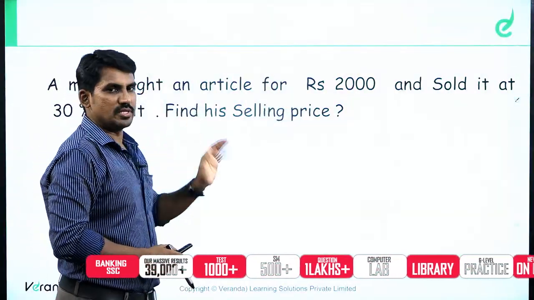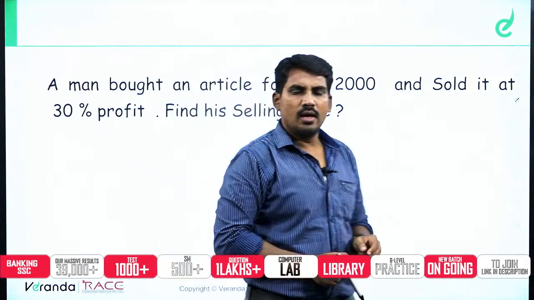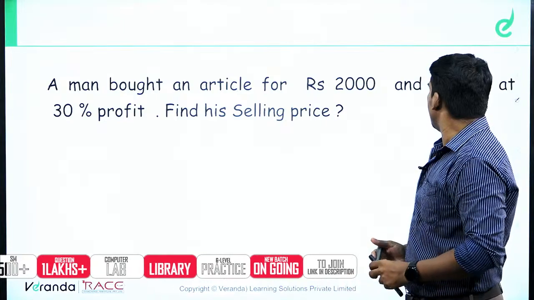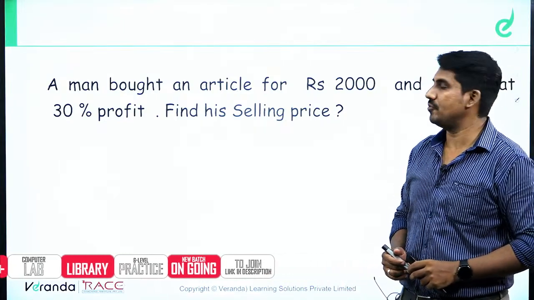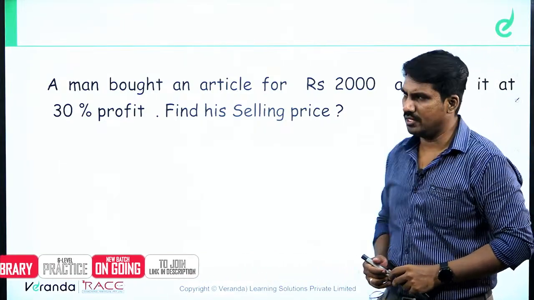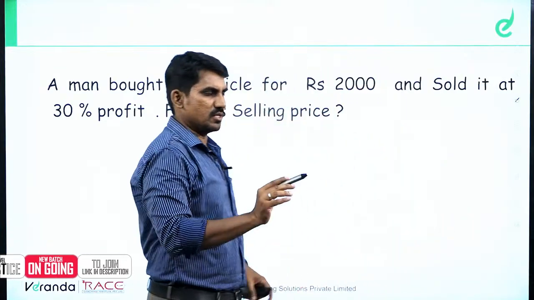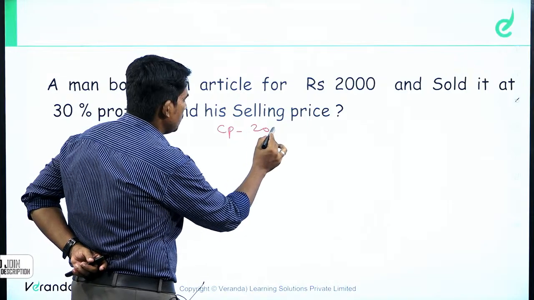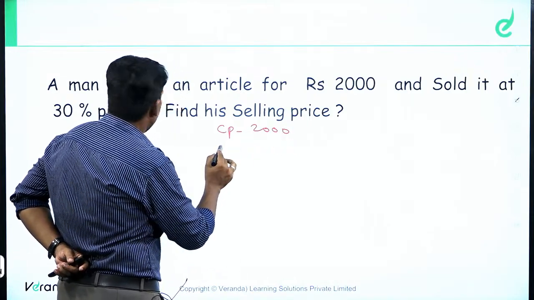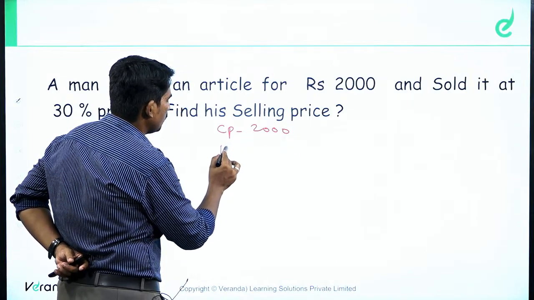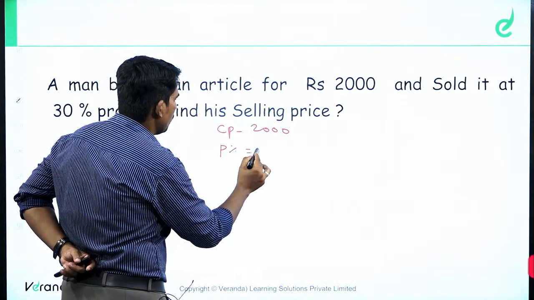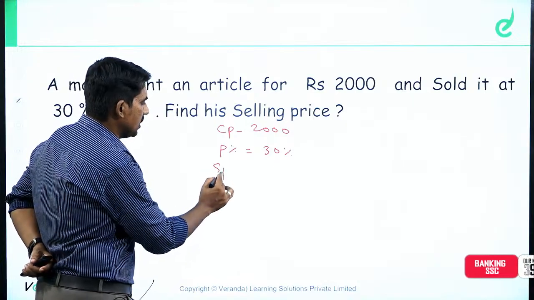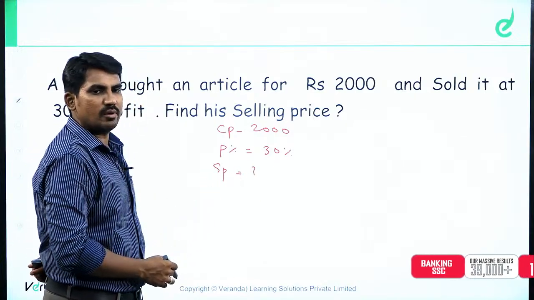Now, next question, try. A man bought an article for rupees 2000 and sold it at a profit of 30 percentage. Find the selling price. Same concept. CP is 2000, profit percentage is 30, and they are asking the selling price.